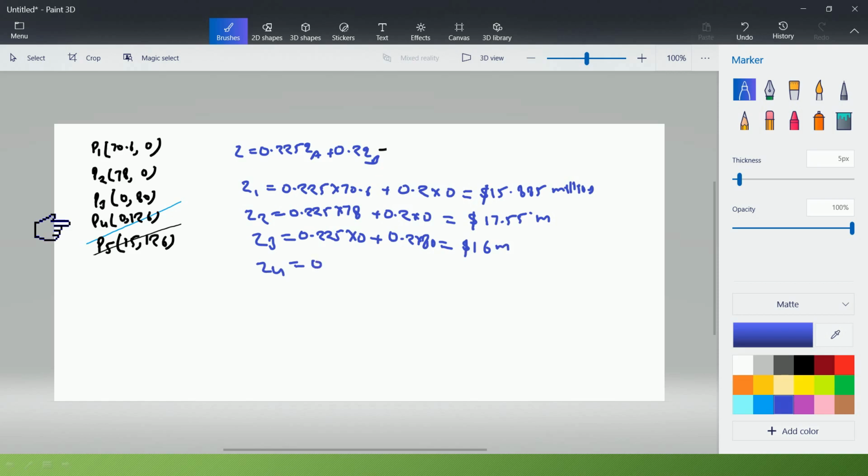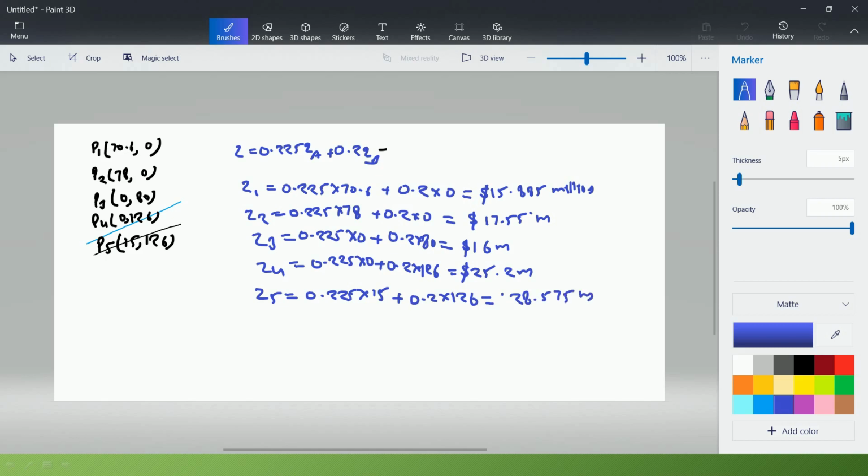Z4: 0.225 times 0 plus 0.2 times 126, this will be 25.2 million dollars. Z5: 0.225 multiplied by 15 plus 0.2 multiplied by 126, 28.575 million dollars.